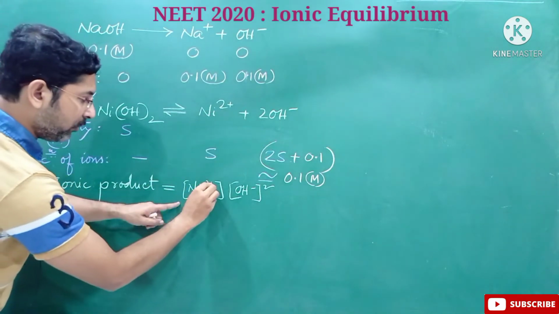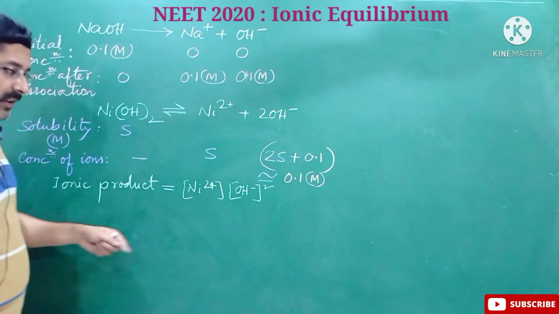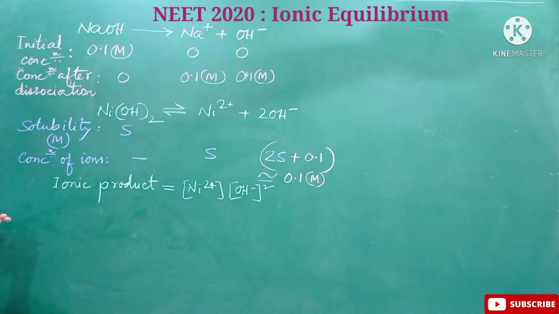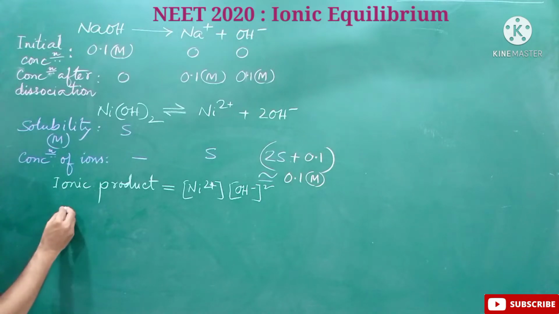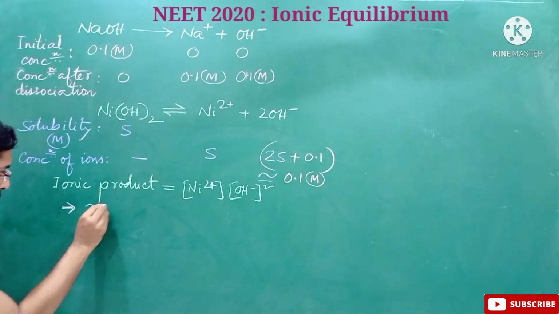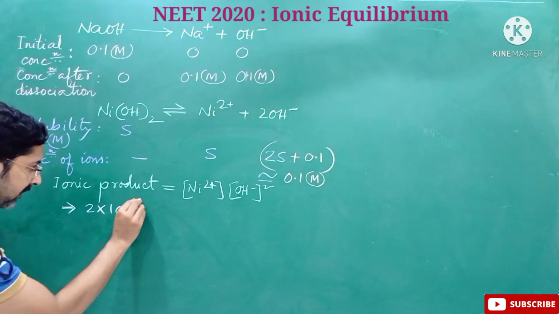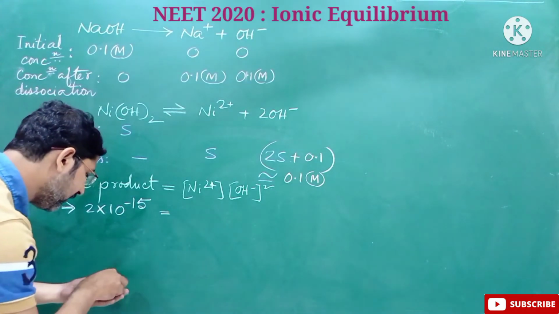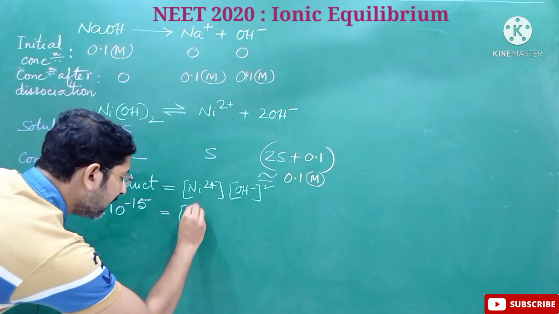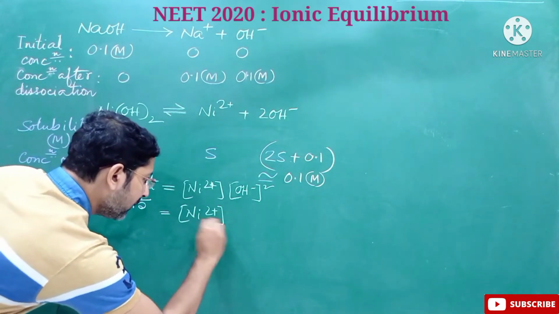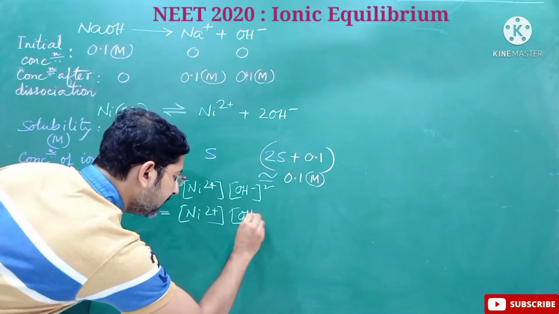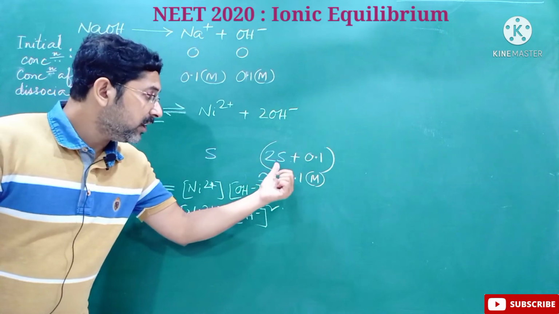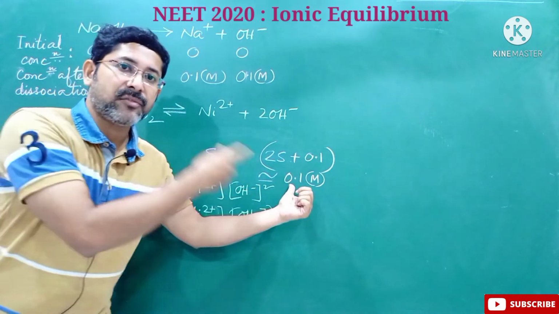Of course this value has been given as 2 into 10 to the power minus 15. Now we can clarify why the 2S factor has been neglected.